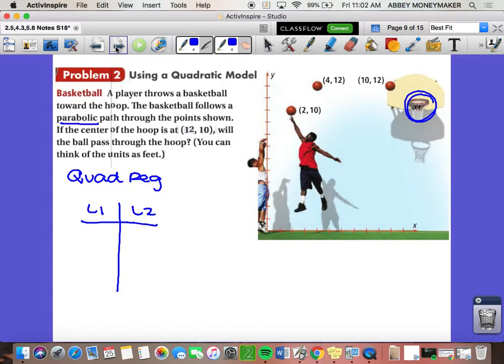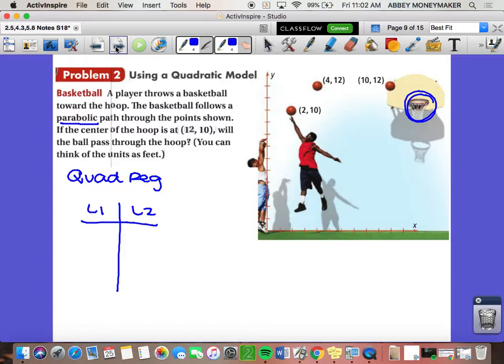There is a point for it, it's only (12, 10). Do I include it or not? Exactly. If you include that point, it would change your entire equation, right? So you do not include it.